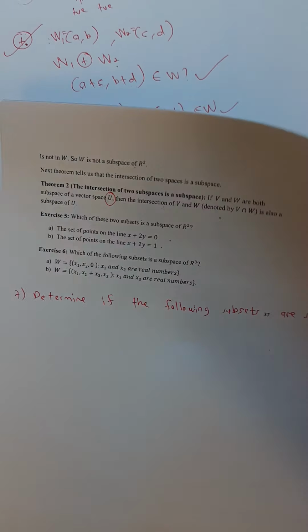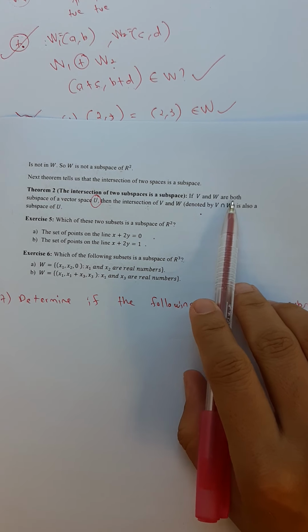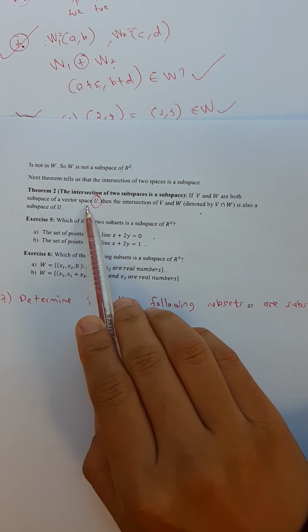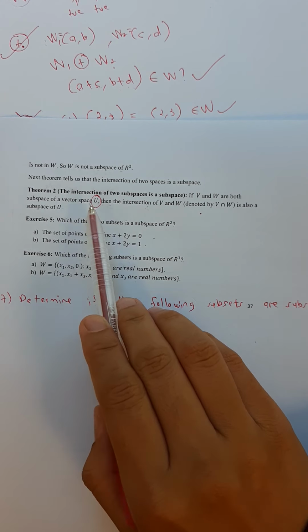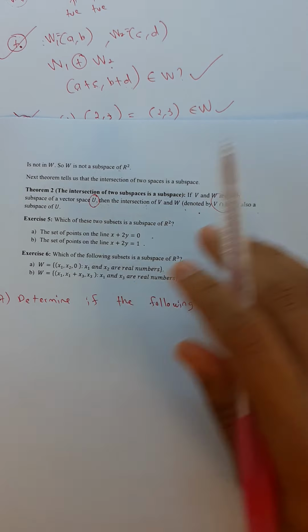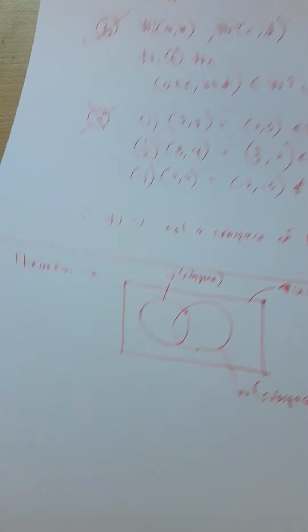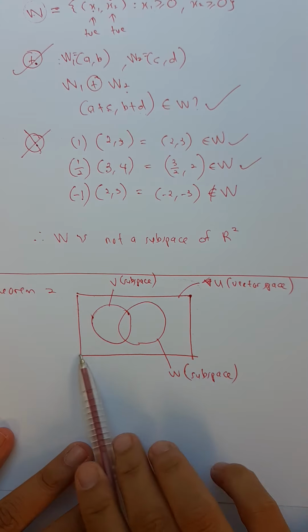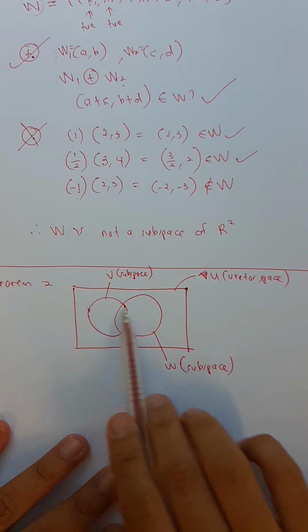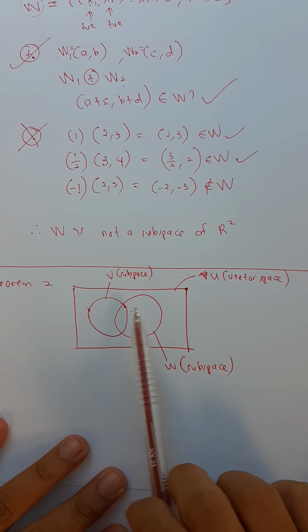So theorem 2 here says that if V and W are both subspaces of a vector space U, then the intersection of V and W, denoted by this, is also a subspace of U. So you have this vector space U, this box here, and then you have two subspaces here.